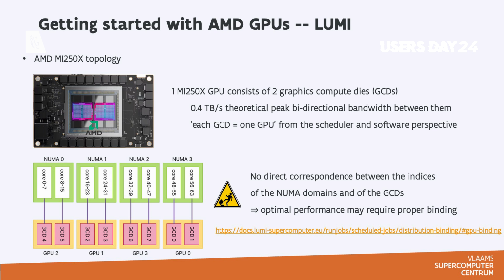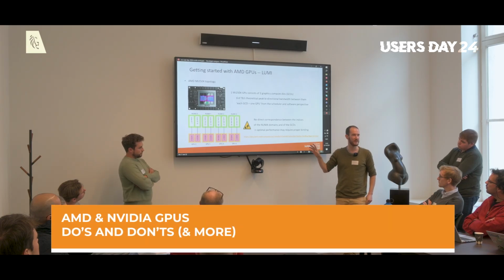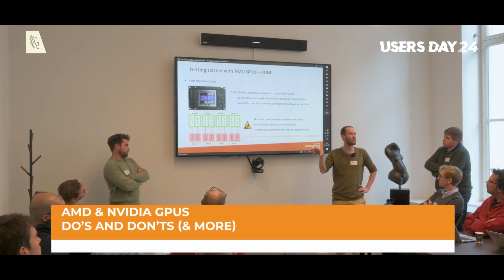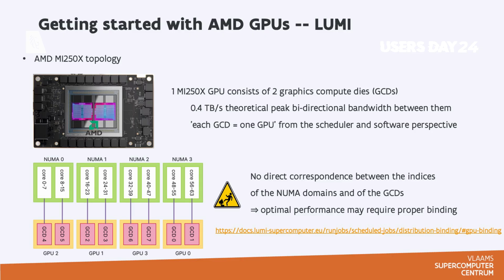One more idiosyncrasy of this platform, or at least that's the case on LUMI, is that if you think, for example, okay, I have a process running on CPU core number 0 or 1 or something, which is associated with a certain NUMA domain, for example, NUMA domain number 0, you would think, maybe naively, that that would then have a very high bandwidth connection to the GPU memory of the first GCD or the first GPU with index 0, but it's actually not the case.